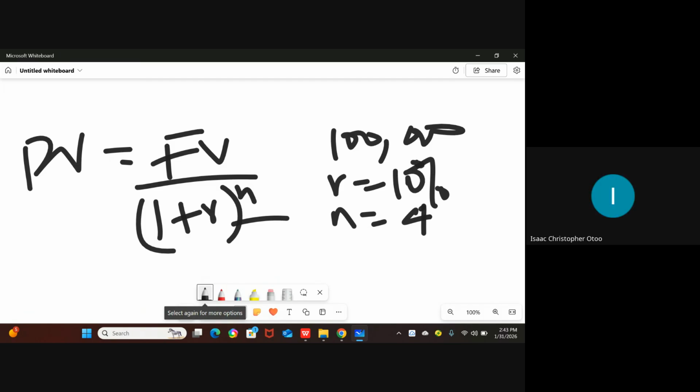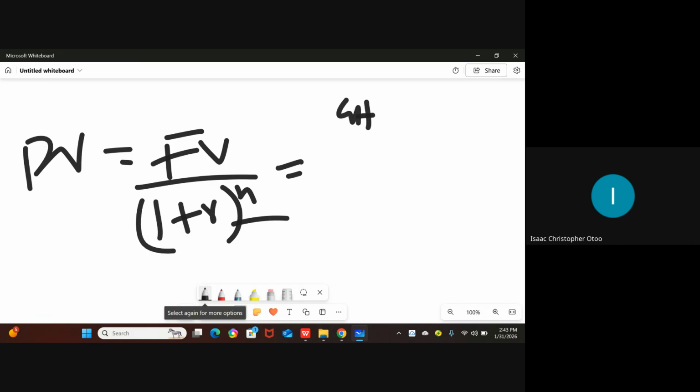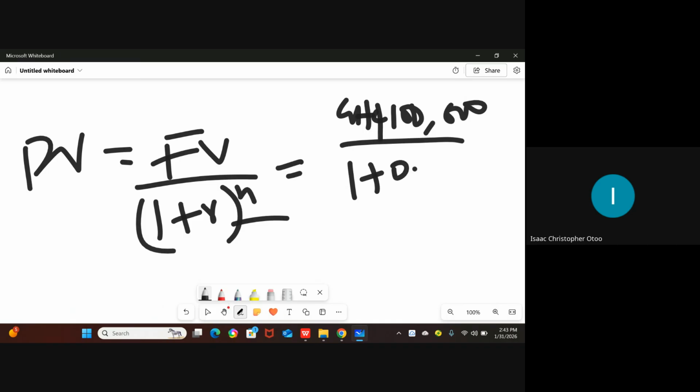The future amount will be 100,000 over 1 plus 0.10 for 4 years.